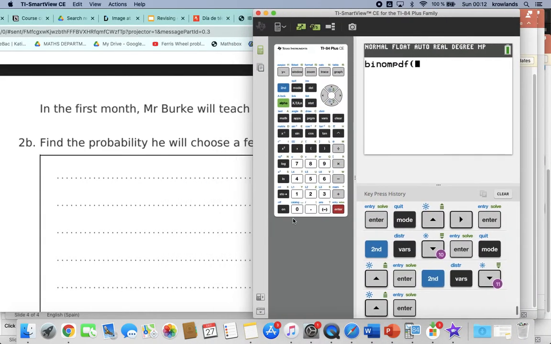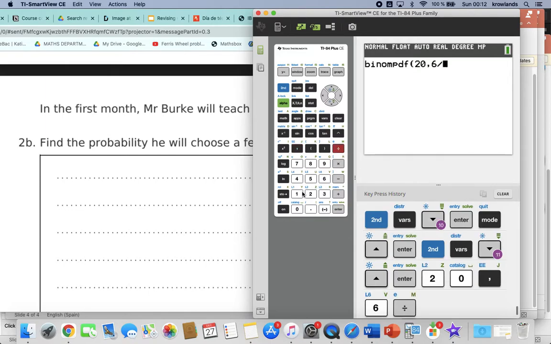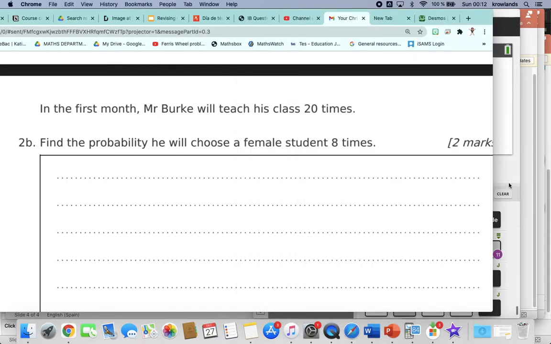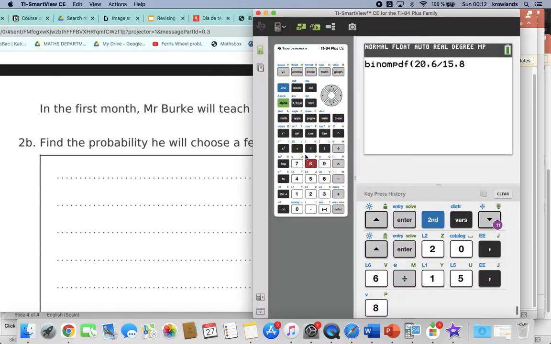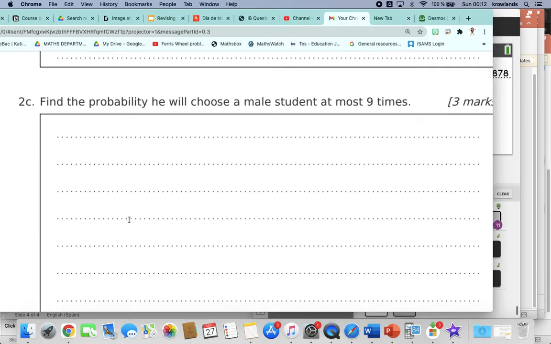The first number is the trials, then put a comma. The second number is the probability, which is 6 divided by 15. And then the third number, separated by a comma, is the number of outcomes, which is 8. That might be a little bit more challenging, so just change around with the modes, maths print or classic, and see what your calculator prefers.